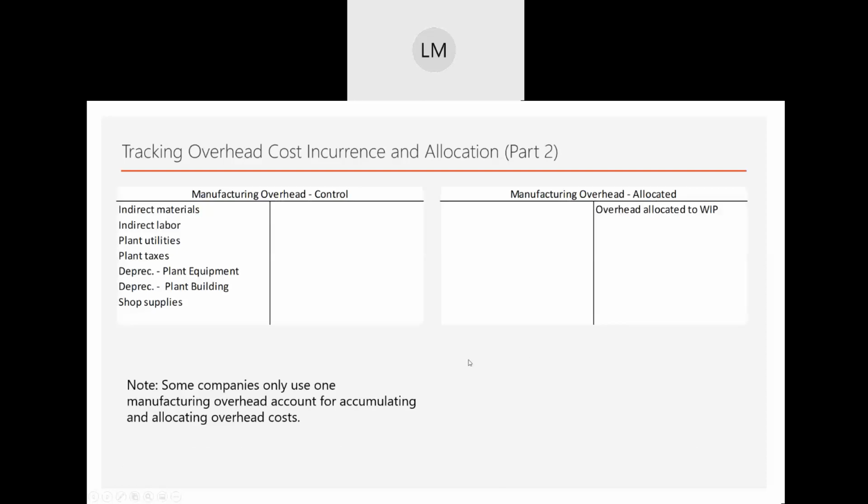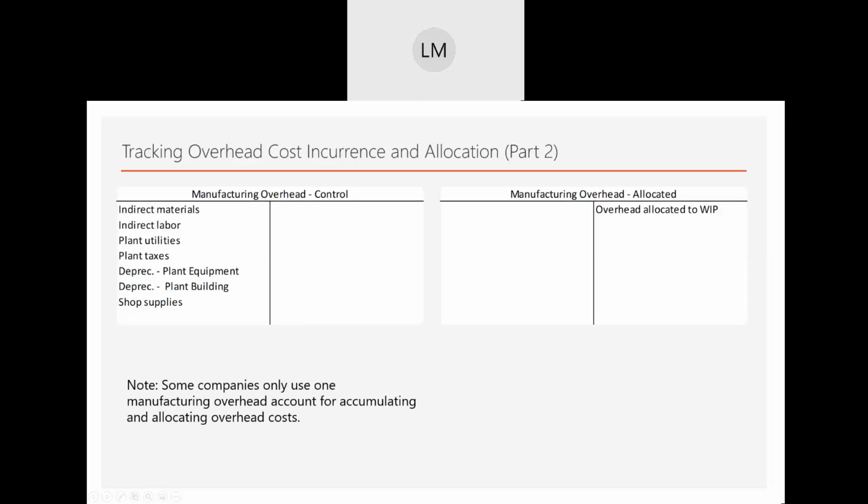Now some companies will only use one account for dealing with the incurrence or the allocation of overhead. Some companies will use two, and we're going to go with the assumption here that we're using two accounts.